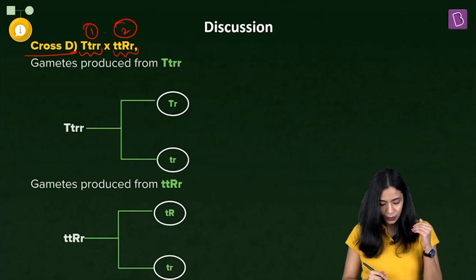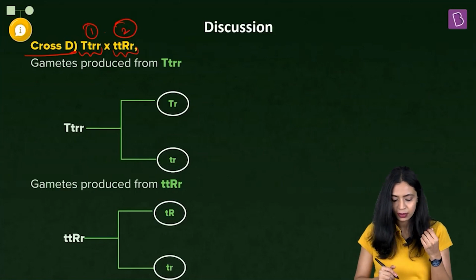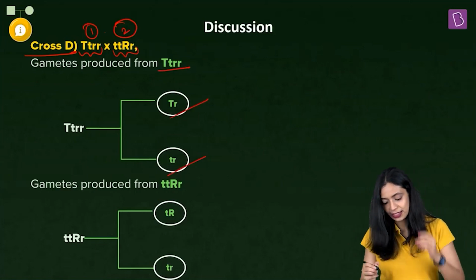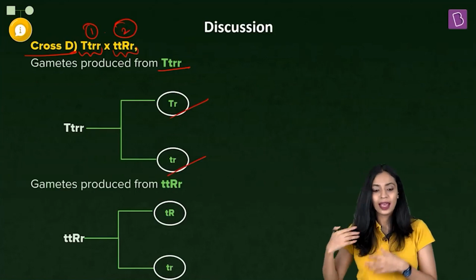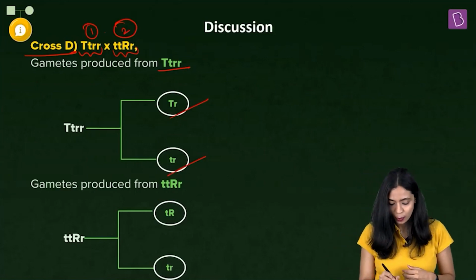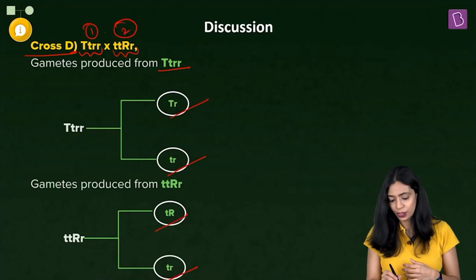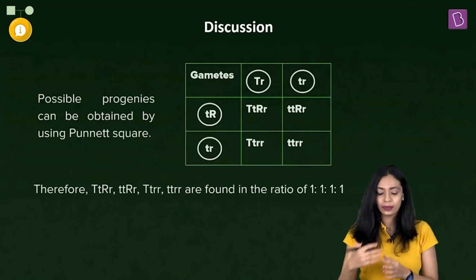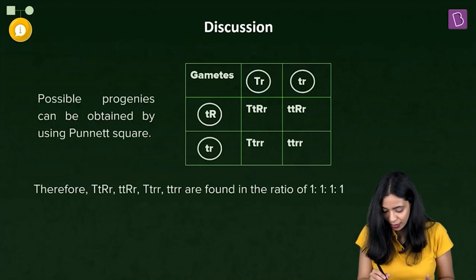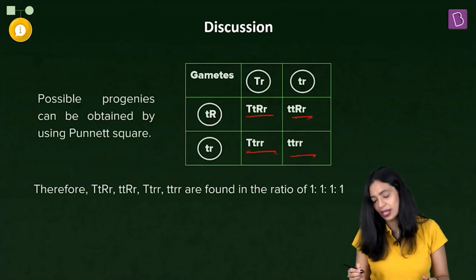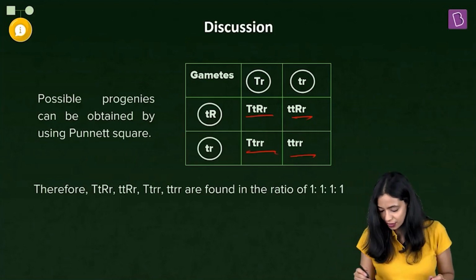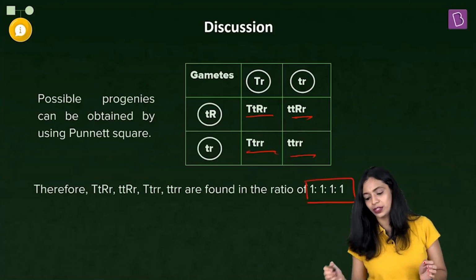Now, the gametes that are produced from the first parent will carry the alleles capital T, small r, and small t, small r, while these are the gametes that are produced by the second parent. Now, when you look at it in a Punnett square, you can see how 4 different genotypes are produced in the offspring. So cross D will give us that ratio 1:1:1:1.